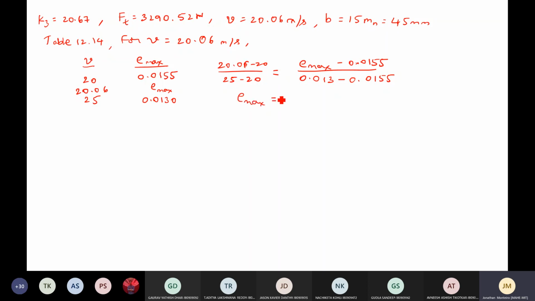So the Emax value, after this interpolation, is 0.01547. Very small difference in the fourth and the fifth decimal place. So if you get around say 20.01 as the velocity, I think it is sufficient to take 20 directly as it is given in the table.